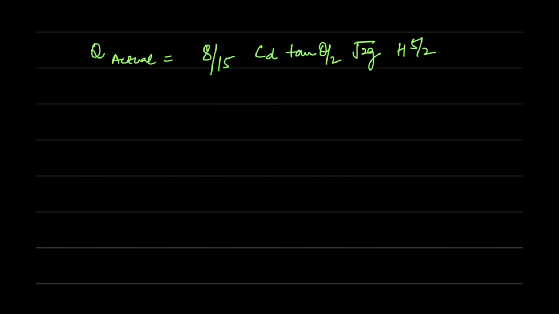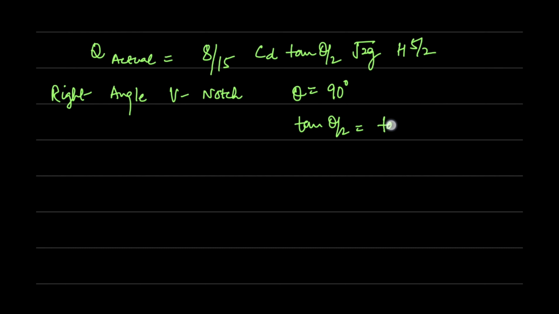If we go for a right angle V notch, then the value of theta will be equal to 90 degrees. So that makes tan theta by 2, that is tan 45 degrees, equal to 1.